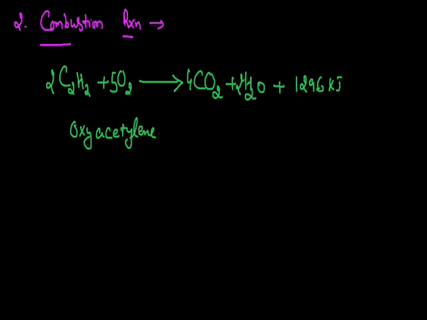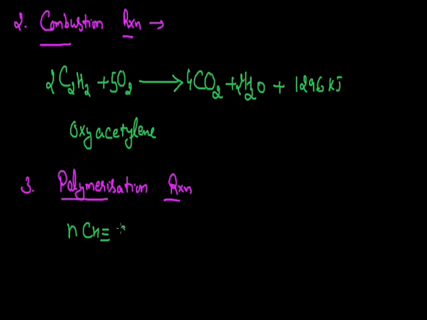Now the last chemical reaction of this compound is left, and that is the polymerization reaction. As we start by taking n number of acetylene molecules, they will work like monomers, and under suitable conditions they will combine to give a polymer.